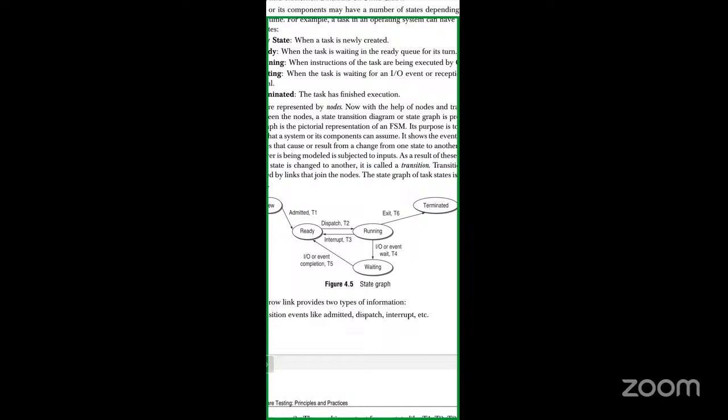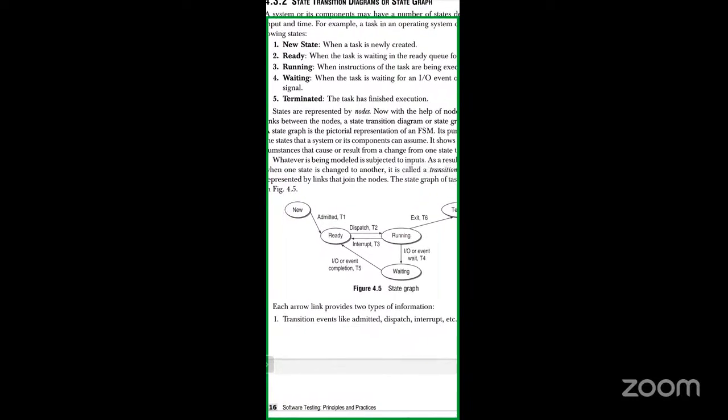So if the state space is created, then it is the new state. If it is allocated to any of the processors, then it is the admitted state. If it is running within the processor, then it is said to be the running state, right? Once it is dispatched from the ready state to the running state, we say it is the dispatch.